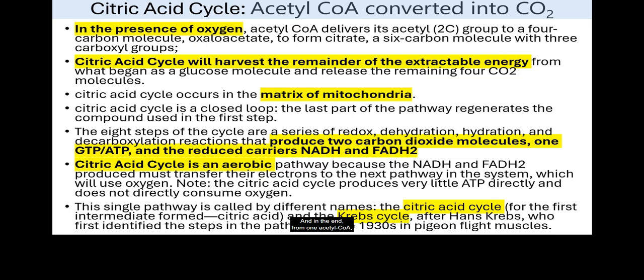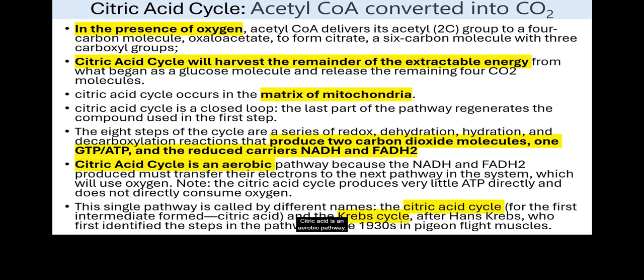In the end, from one acetyl-CoA will be produced two carbon dioxide molecules, one ATP or GTP, it's similar, and NAD will be reduced to NADH and FAD to FADH. So they both have H, so they are both carrying electrons, energy.